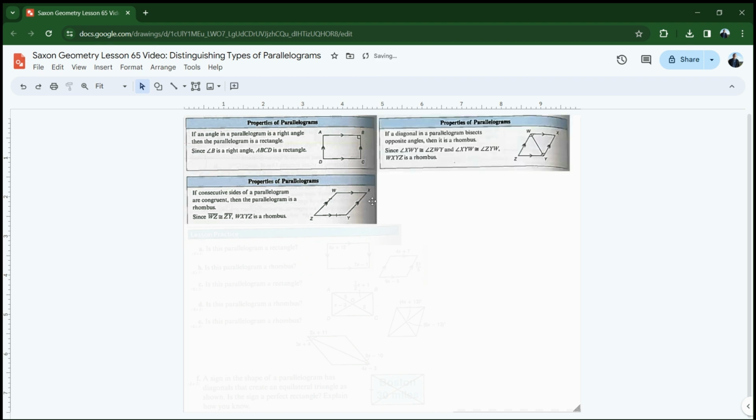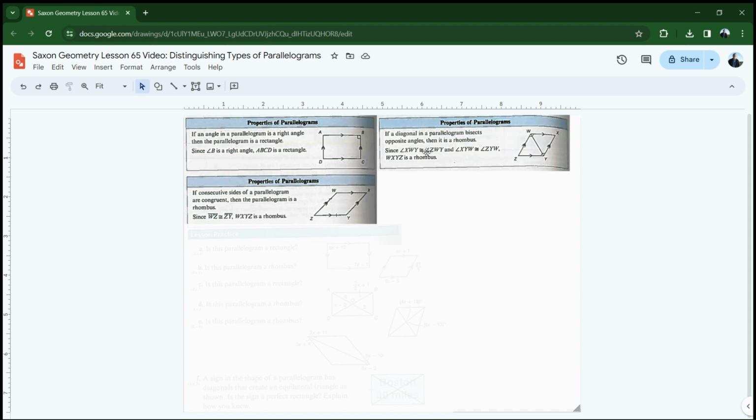And then lastly, if a diagonal in a parallelogram bisects opposite angles, what does it mean to bisect an opposite angle? That means that it cuts opposite angles perfectly into two congruent angles. If it bisects opposite angles, then it is a rhombus. All right, those are the three properties.